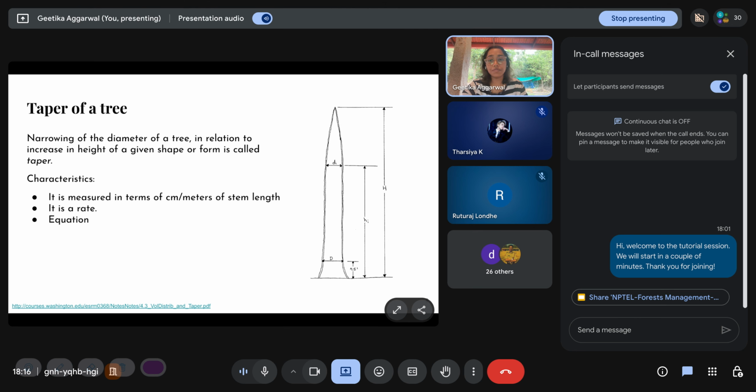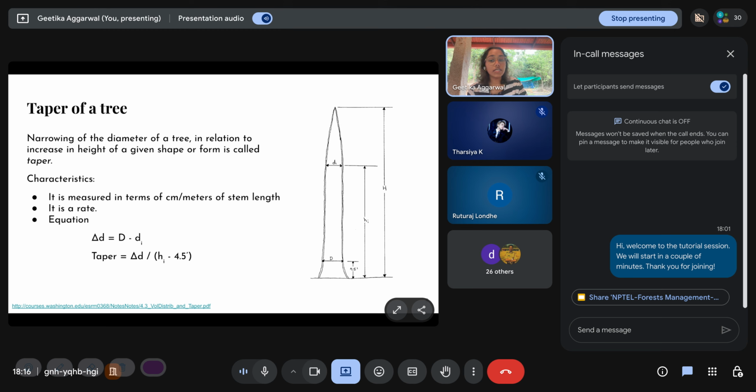So that's tapering. The equation used to measure the taper of a tree is, as we said, if you look here, if you measure here, we have a diameter of di. At the base, we have a diameter of d. And if you look at delta d, what is the change in diameter? It will be d minus di. Why d minus di? Because d is bigger than di. As we go above, we're saying that it decreases.